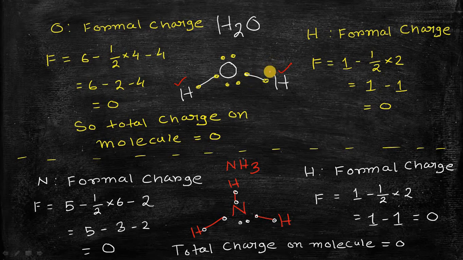At first we will calculate the formal charge of this hydrogen atom. The number of valence electrons when hydrogen is in the neutral state is equal to 1, and the number of bonding electrons is 2, so we have to subtract half into 2, that is equal to 1 minus 1, which is equal to 0.